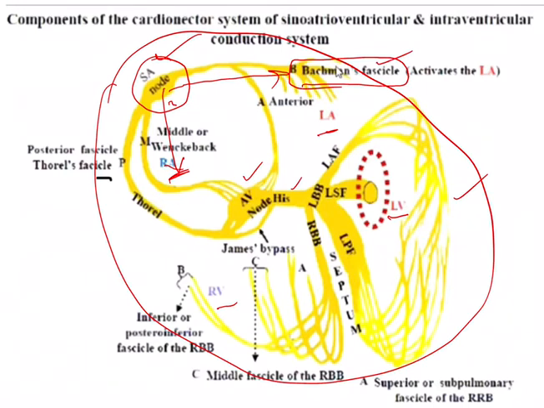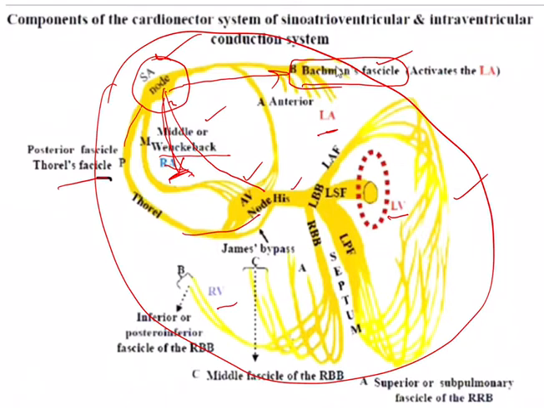Impulses also travel from the right atrium to the AV node by these middle fibers, which we call Wenckebach's fascicles, and they also travel posteriorly through the posterior fascicles. We call them Thorel's fascicles, to the AV node.